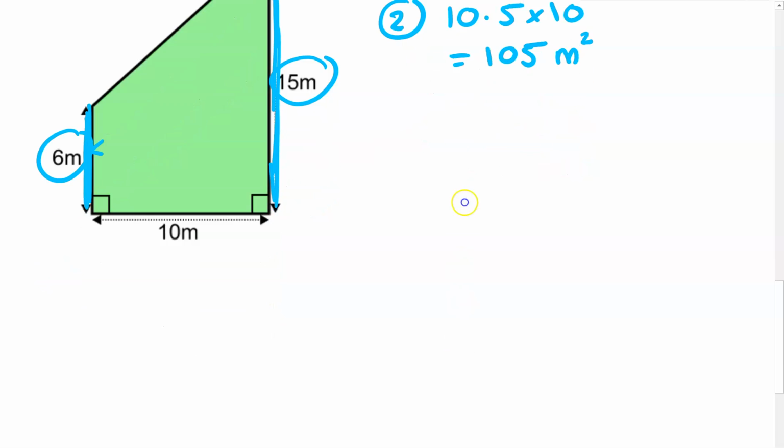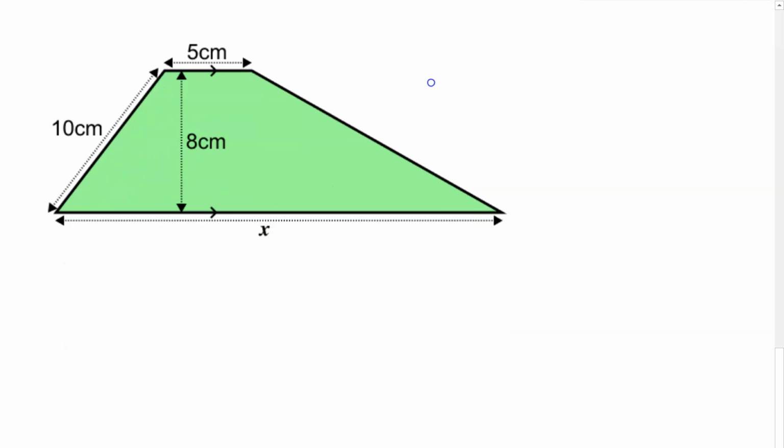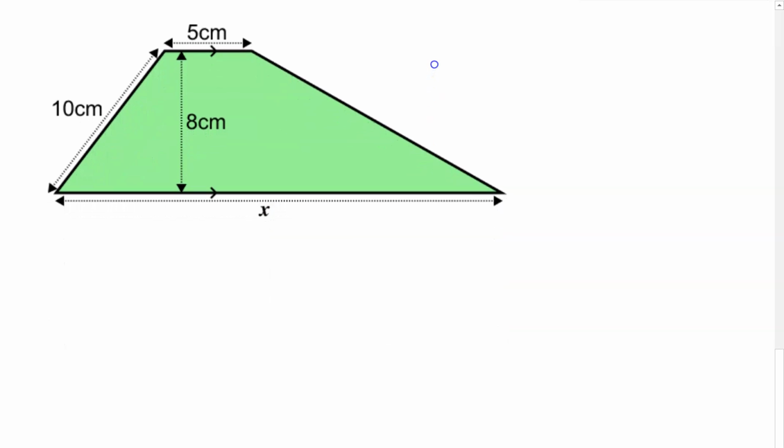Right, then the last one I want to do for a trapezium is a problem solving one. I'm going to tell you that the area of this is 120 centimetres squared. And I want you to work out what measurement that would be to make that true.